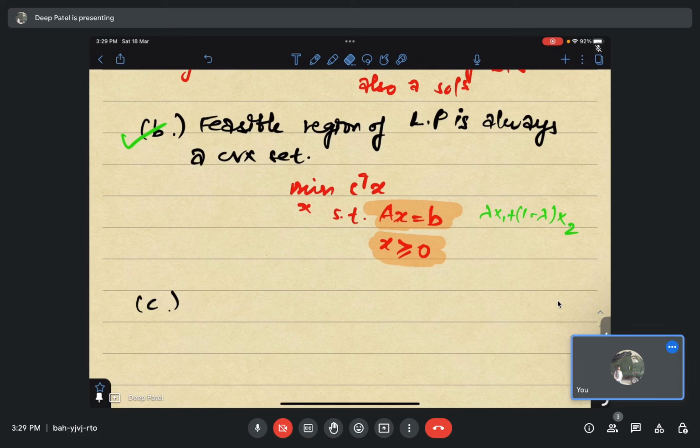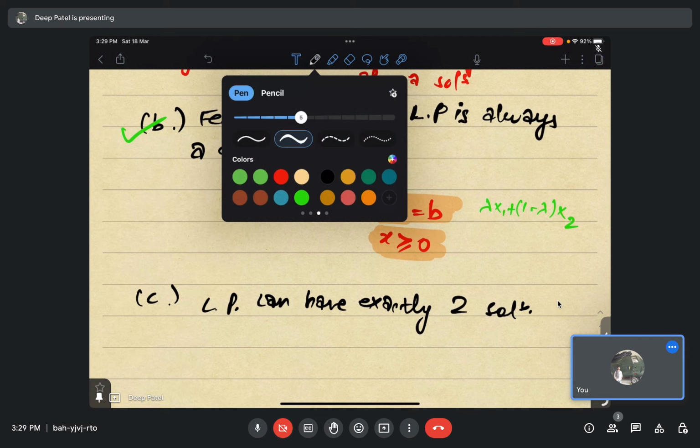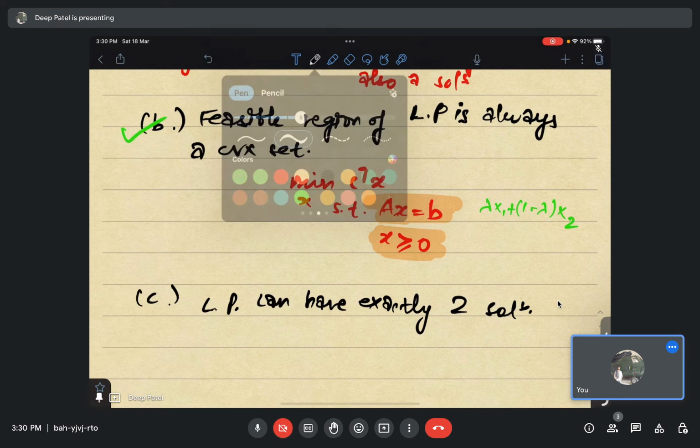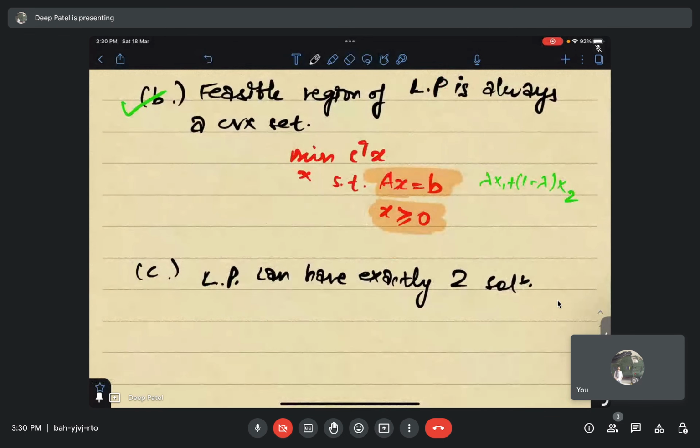Okay. So B is true anyway. Next: an LP can have exactly two solutions. What about this? This is again false, because if it has two solutions, any convex combination is also a solution.